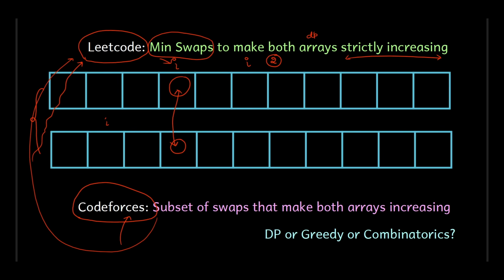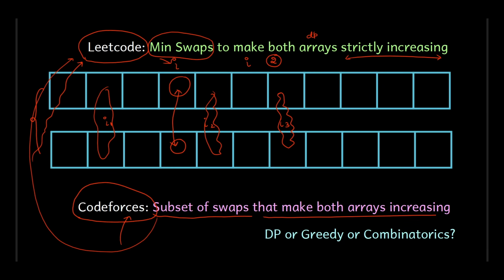So for example, if you choose this I1, I2 and I3, and even if after swapping the elements at these indices, the array is still sorted in increasing order, then that is a valid subset. So the Codeforces problem is asking you to find out how many such valid subsets of swaps exist such that after these swaps are done for the indices that you have selected in your subset, both the arrays should be strictly increasing.